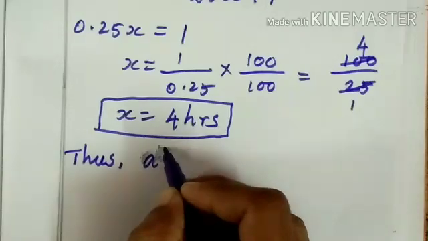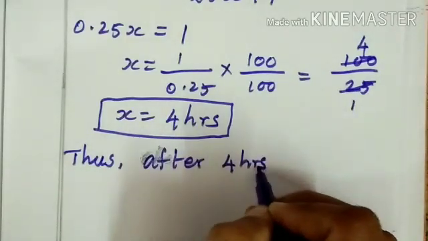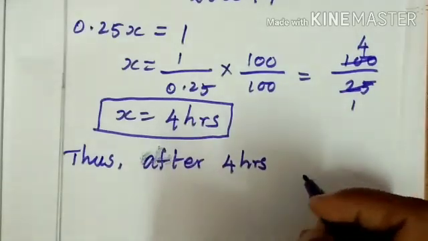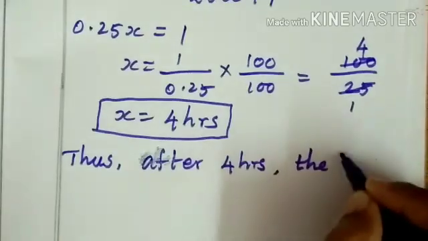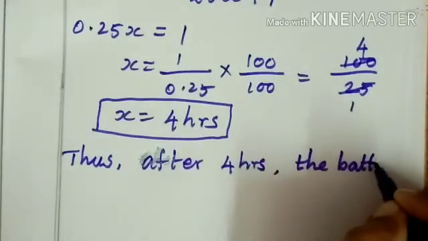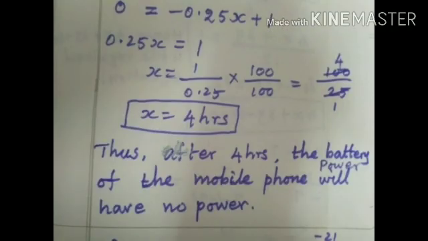After 4 hours, the battery of the mobile phone will have no power. This is the answer for this question.